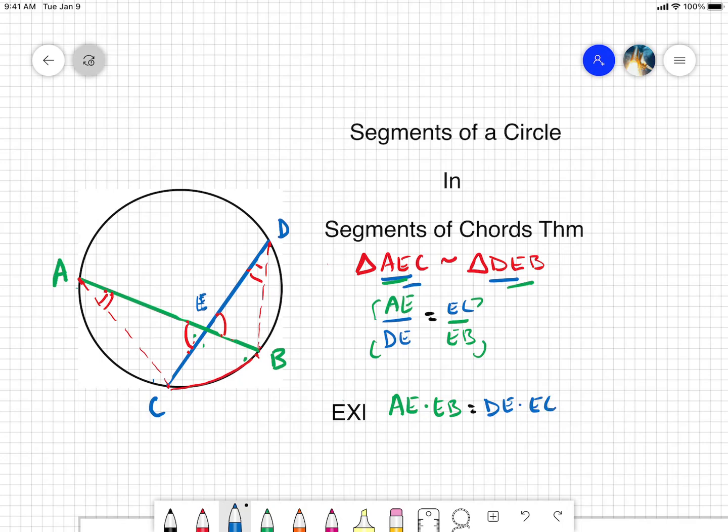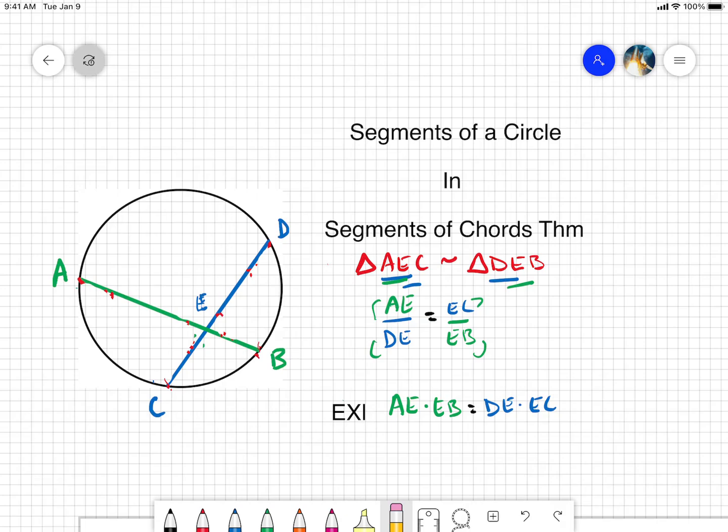Even though we put these lines in there, these little segments had nothing to do with our end result. So essentially what we just showed is that if I've got two chords which intersect inside a circle, then if I think about the individual pieces and multiply the pieces together, I should get the same result for each one.